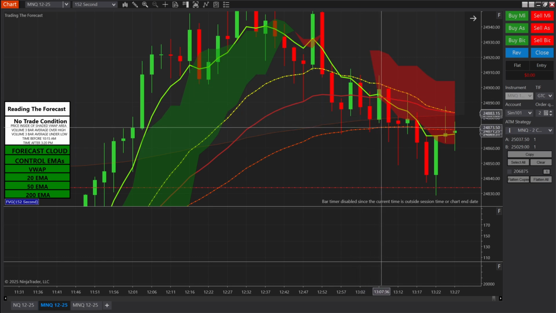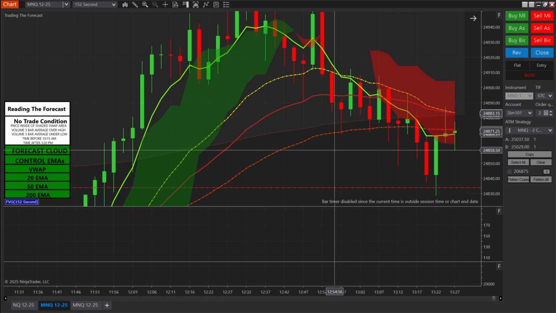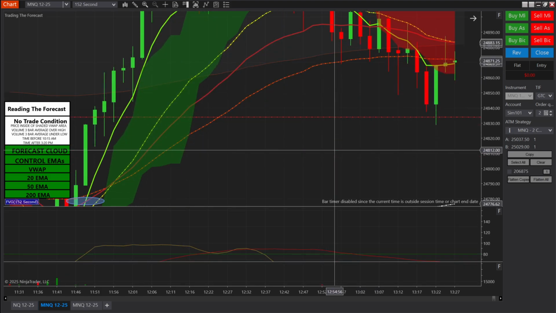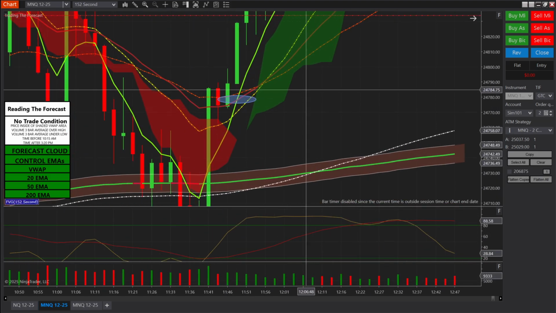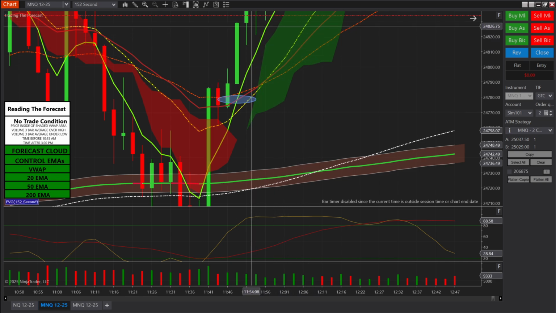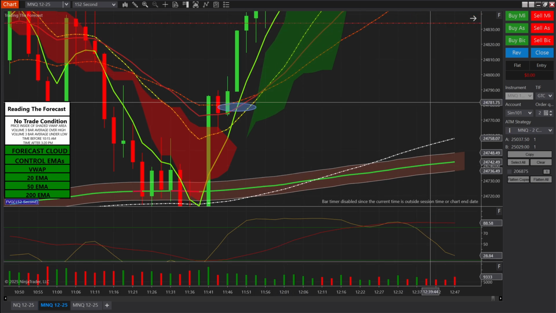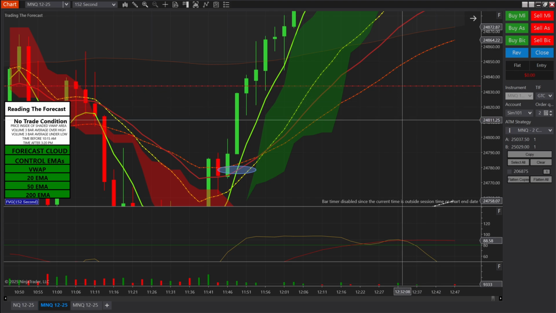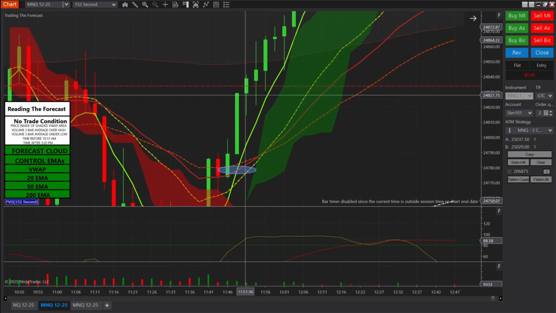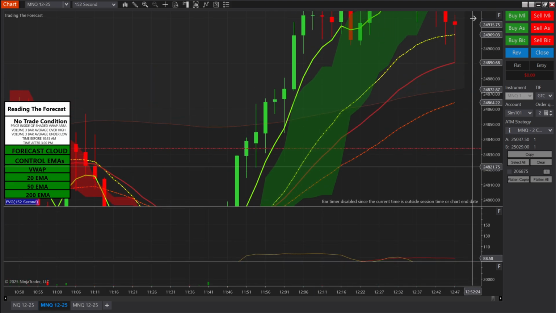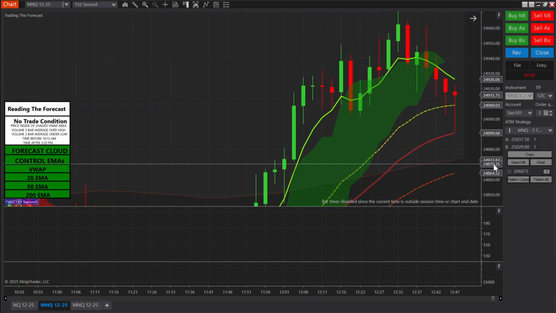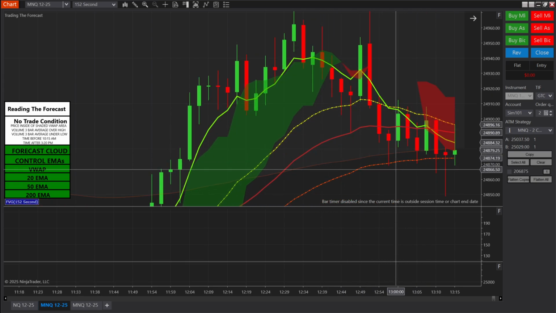You would have exited the trade somewhere around 24,873 based off those EMAs, and you would have entered the trade somewhere on this candle, which is 24,826. So somewhere in the middle of this candle, we'll call it 24,830. You would have entered at about 24,830, and the first time you're using the regular EMAs, the 20, the 50, and the 200 as points of resistance or support.